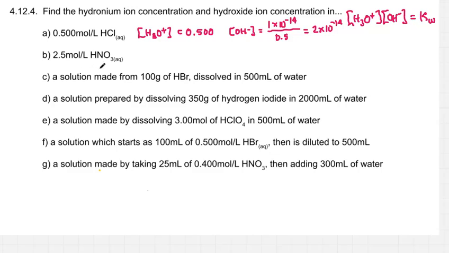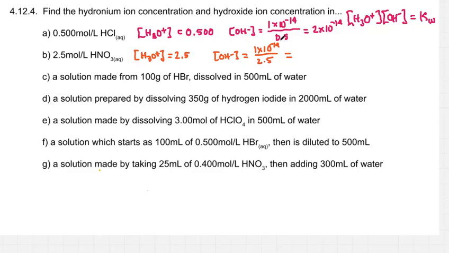HNO3, this is nitric acid. It's another top 6, so again we could say the H3O is just the same as the acid. Every single HNO3 turns into a hydronium ion, and so again our hydroxide will be 1 times 10 to the minus 14 divided by 2.5. 1 divided by 2.5 is 0.4.